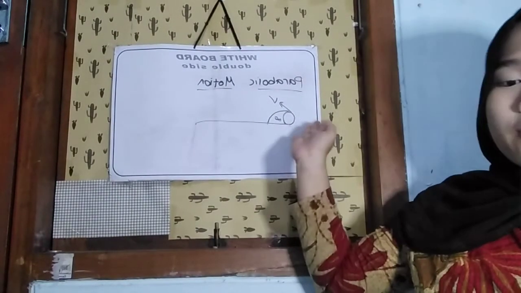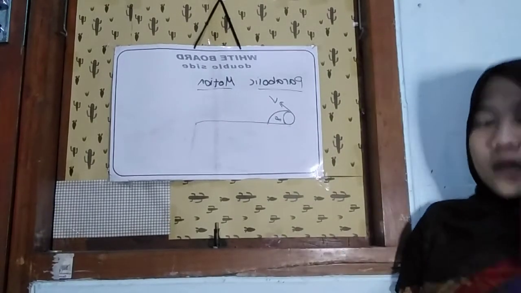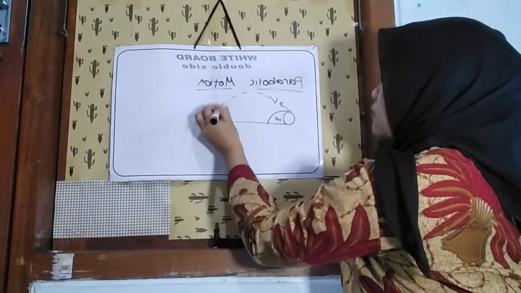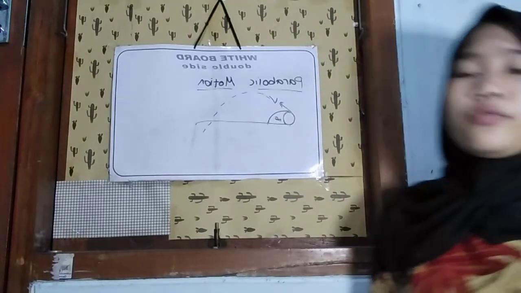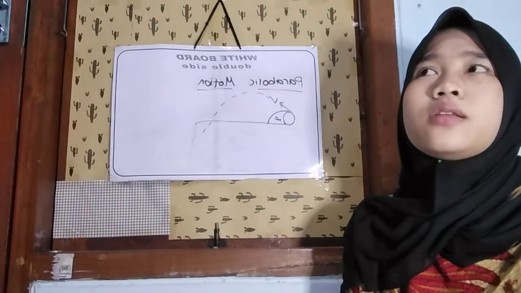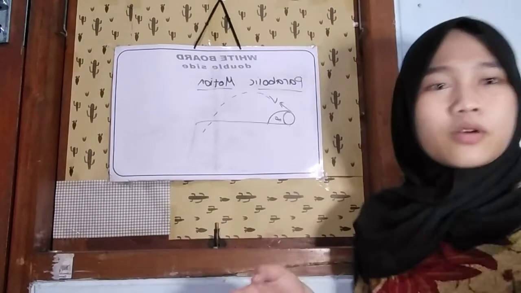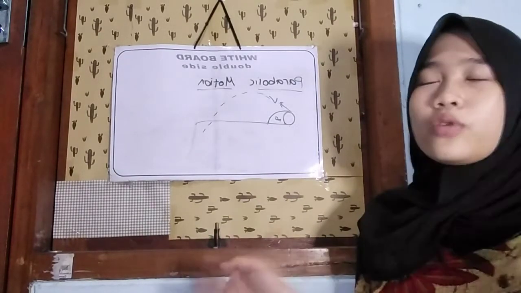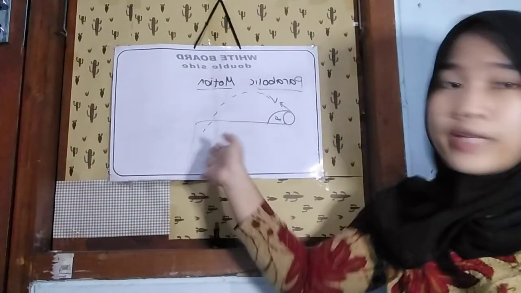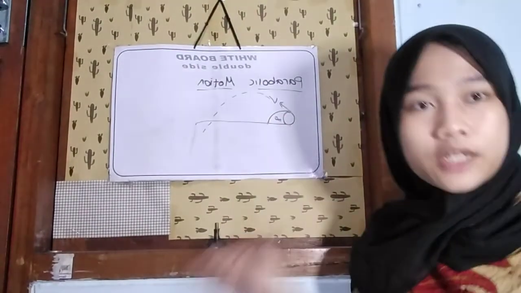When an object is given a force, the initial velocity, it will look like this. We often find this when watching football, basketball, and other ball games. That's how a parabolic motion starts.